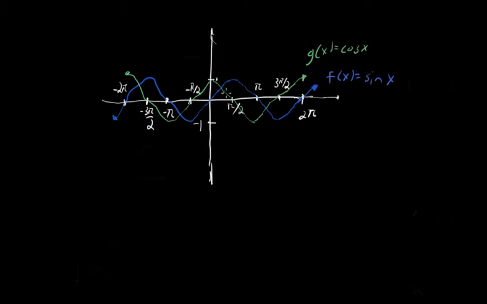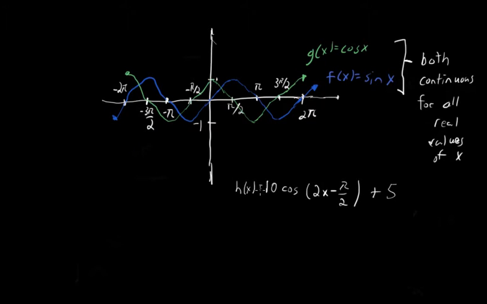Similarly, sine of x is doing the same thing between 0 and 2 pi as it is between negative 2 pi and 0. So you can expect it to continue doing the same thing as x tends to positive and negative infinity. So both sine and cosine are continuous for all real x.